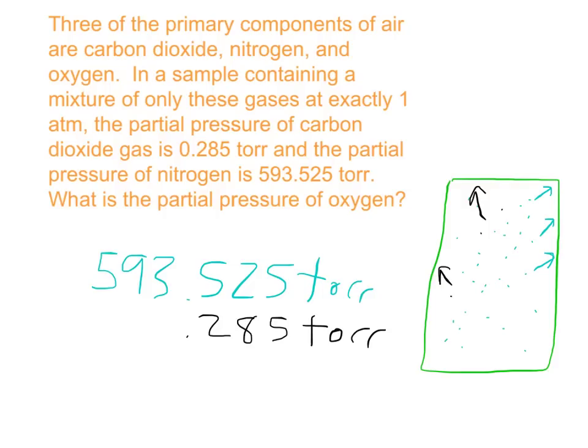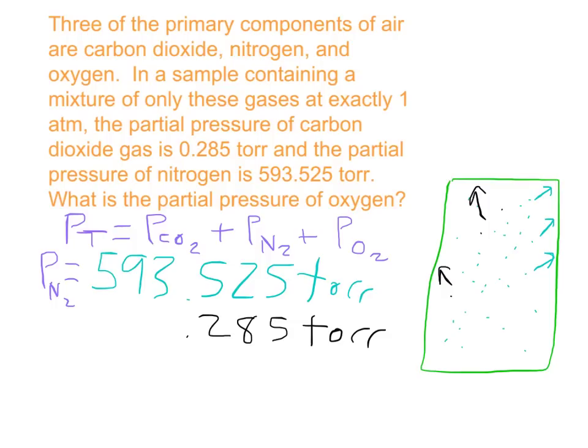So in order to solve this problem, you have to use Dalton's law of partial pressure, where the total pressure is equal to the partial pressures, and we have three gases. We have the partial pressure of carbon dioxide gas plus the partial pressure of nitrogen gas plus the partial pressure of oxygen gas. Well, we know that the partial pressure of the nitrogen gas is 593.525 torr.